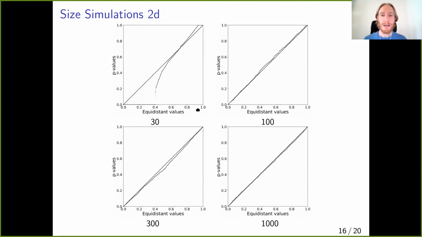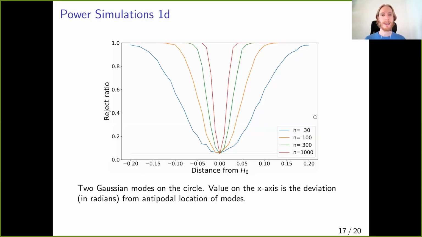Right, but for a 5% confidence level, so for alpha equal to 0.05, this still works well. And here I look at the power of the test. So I have 2 modes on a circle, and now they are not necessarily exactly antipodal, but the center of one of the modes moves along the circle.